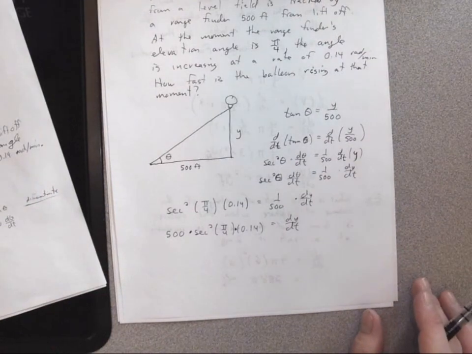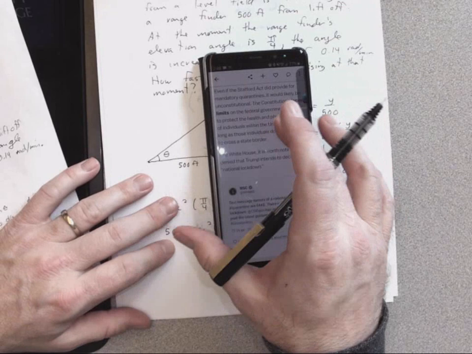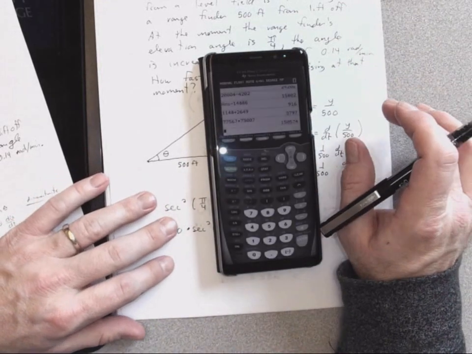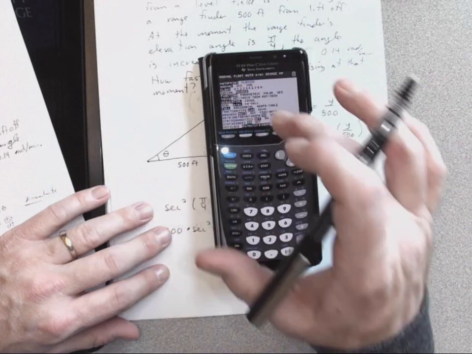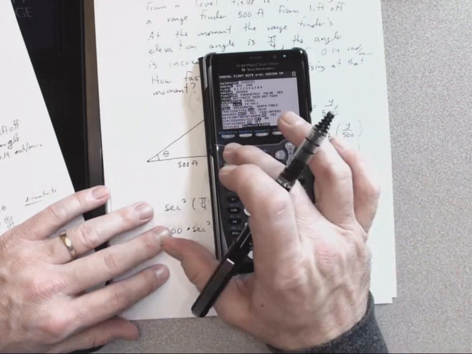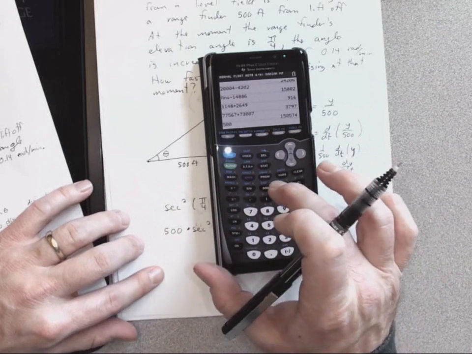Plugging those into my calculator, make sure your mode is in radians. So I'm going to go 500 secant squared.